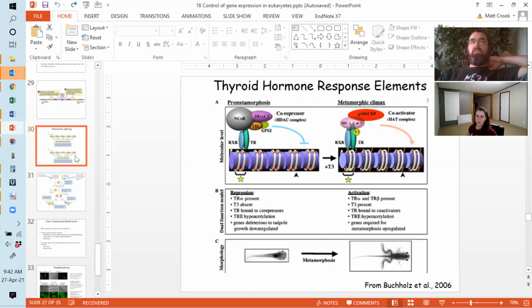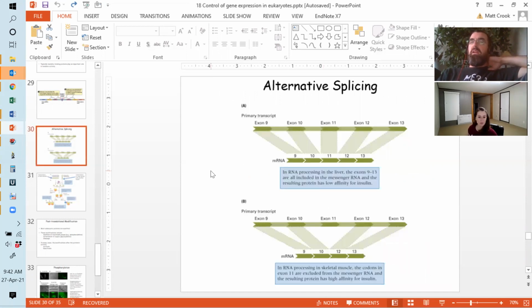And so essentially, this is a good example of the insulin receptor. You want to have different affinities for insulin depending on how much of it is around.